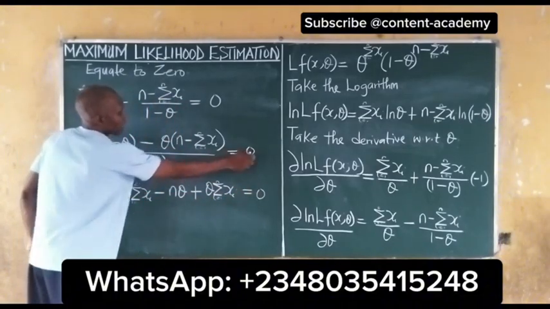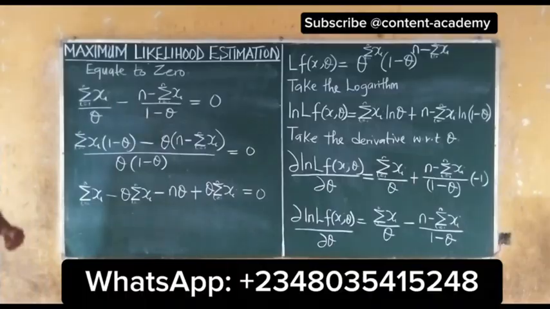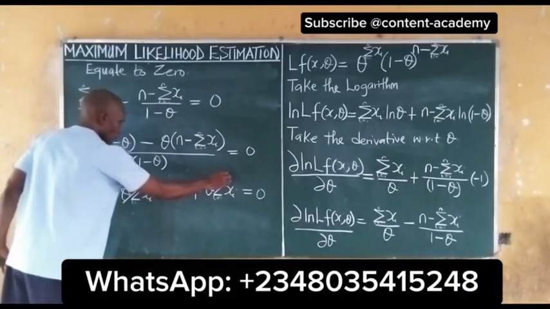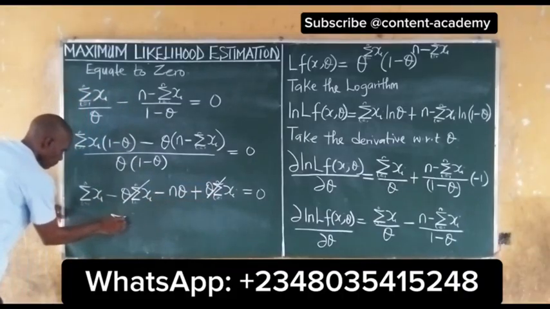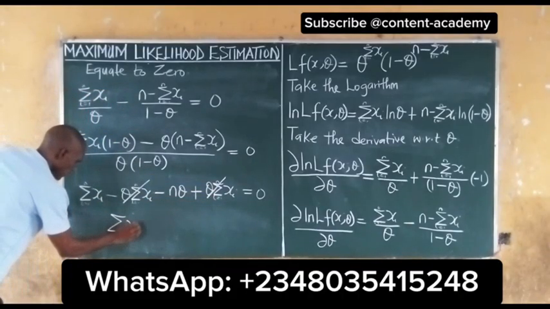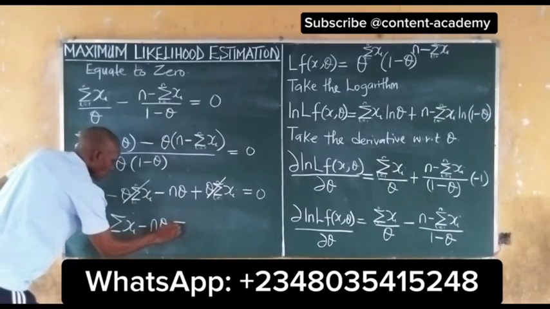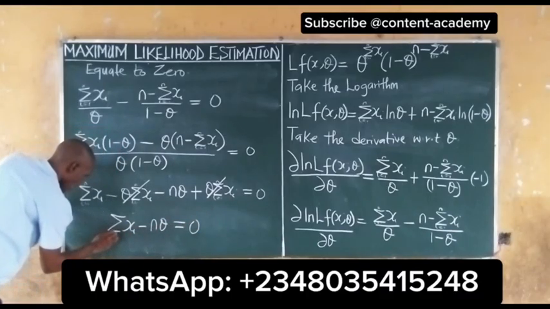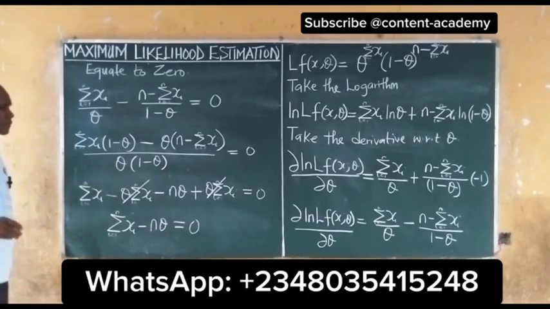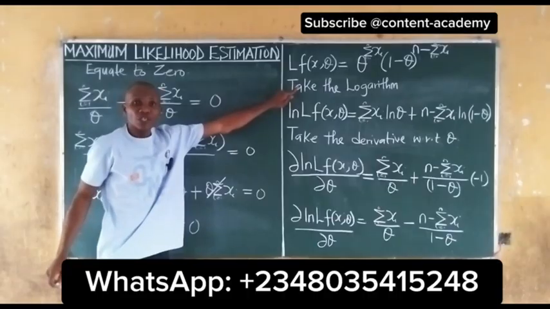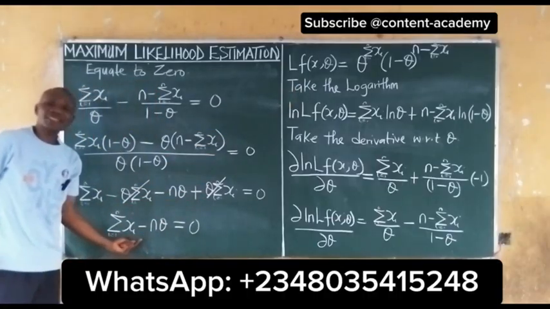Of course, this will multiply this to give us 0. Now, if you watch, this can cancel this. So we are left with summation of xi minus n theta to be equal to 0, as i running from 1 to n. Now, we move over to this other side of the board in order for us to get our estimates.